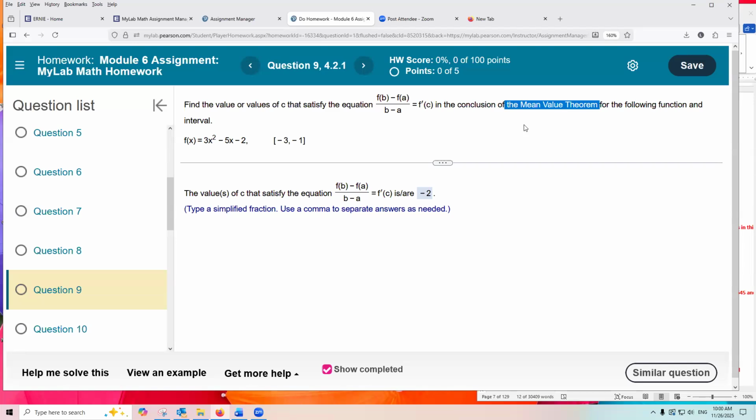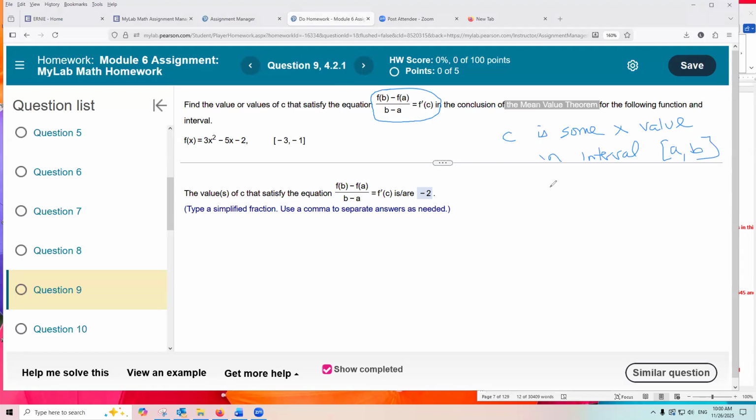And what it says is if you have a continuous function, then this equation must be true. So C is some x value in the interval AB.